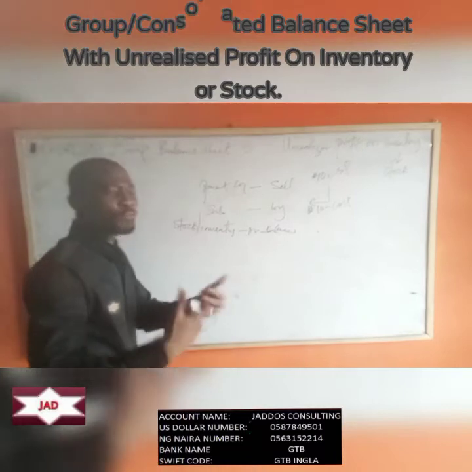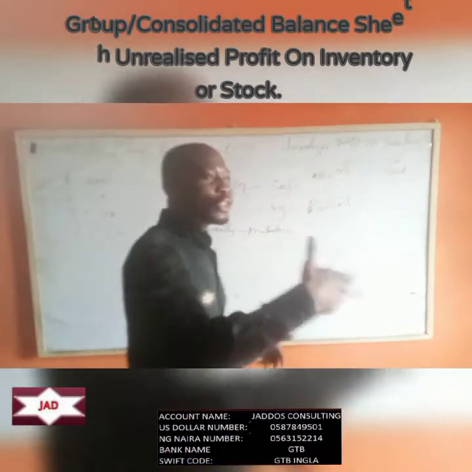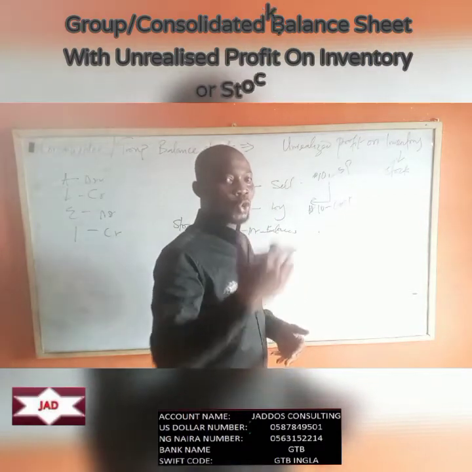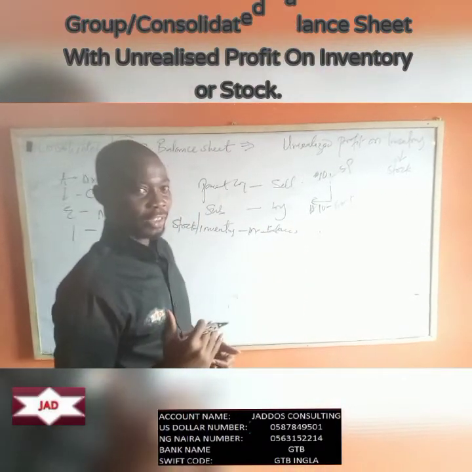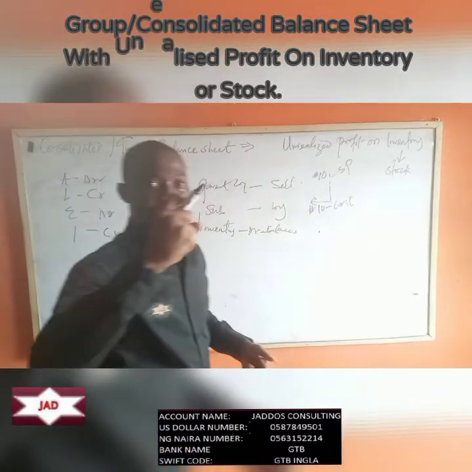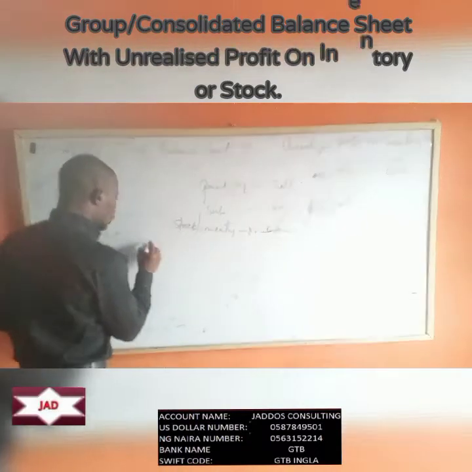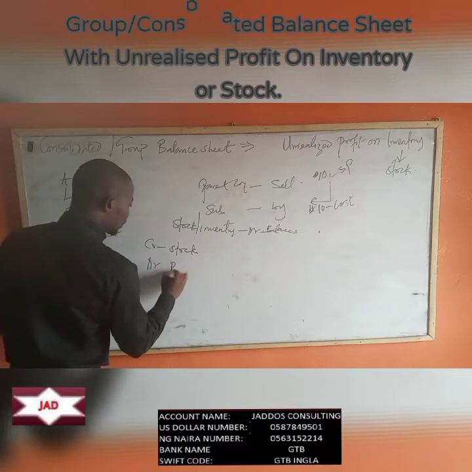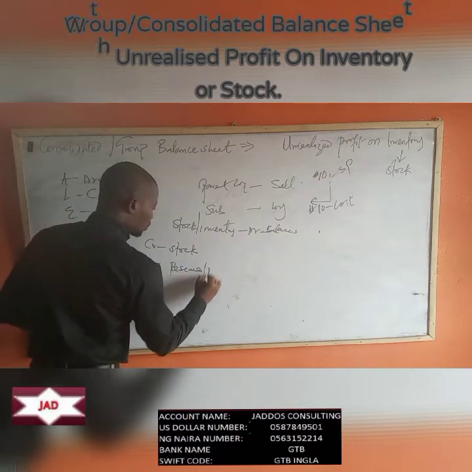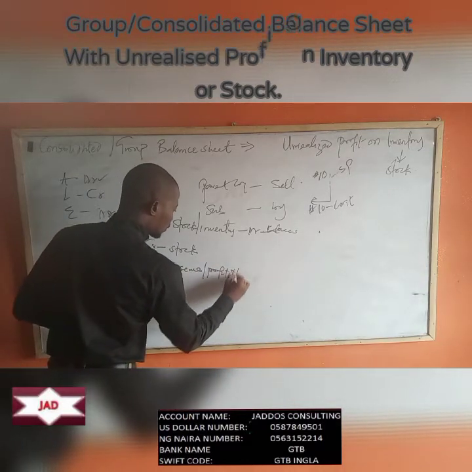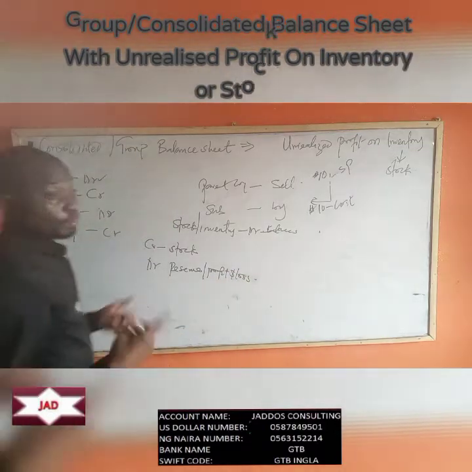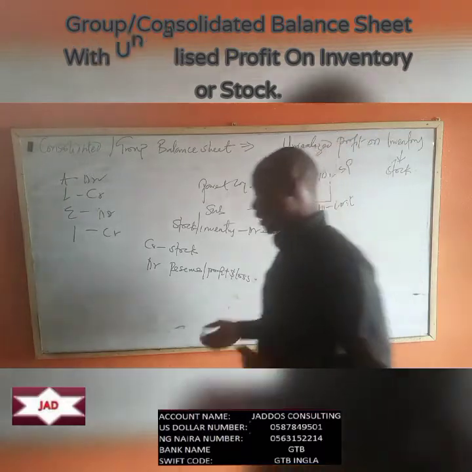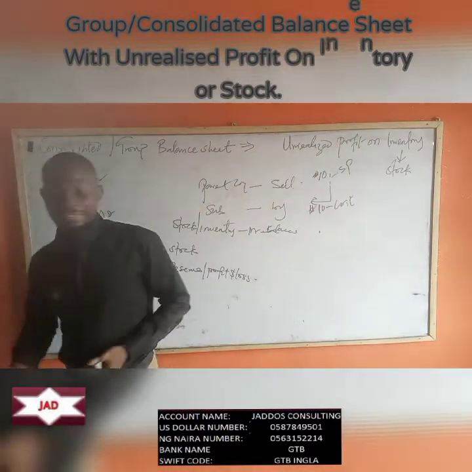By virtue of reporting the stock at selling price, we have overstated it, so we have to bring it down to the cost price. Once we identify the profit element, we remove it. So we credit stock, and then we debit reserve. Some people will use profit and loss, or your profit. Your profit is part of your reserve, so some use profit, some use reserve.